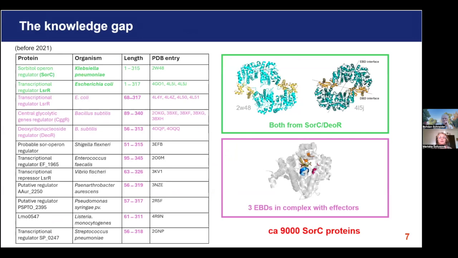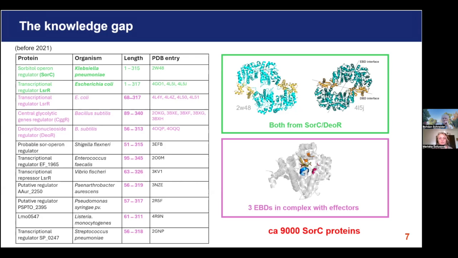As is typical for basic research, the principal reason why we decided to study these proteins was the knowledge gap. And this table shows all published SorC structures until 2021, which was the year of our first contribution, where we could find only 2 full-length models, both belonging to the DOR subfamily.